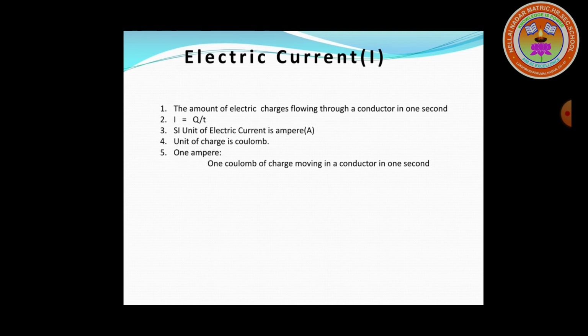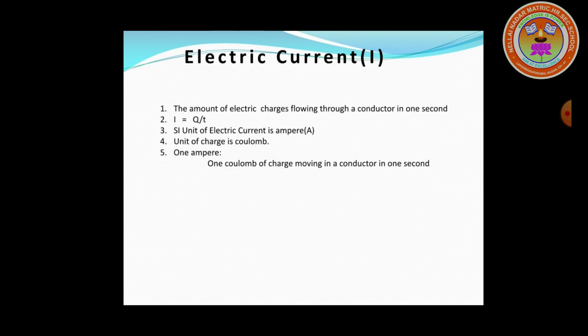And the SI unit of electric current is ampere. Already we saw it in the tabular column in the first video. The unit of electric current is ampere, named after a scientist. The unit of electrical charge is coulomb, also the name of a scientist. Already you know the unit of time is second.